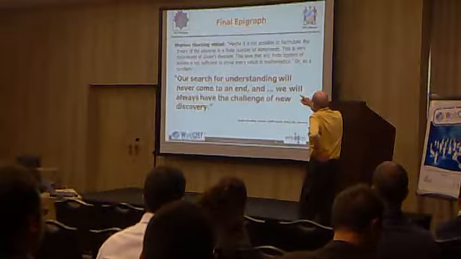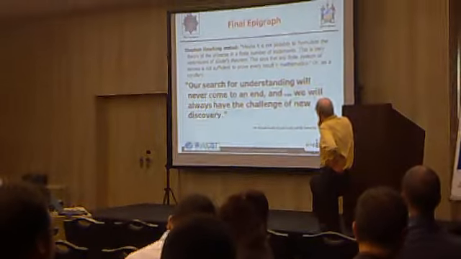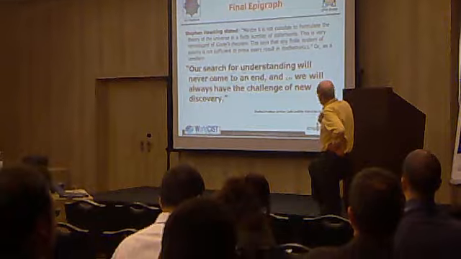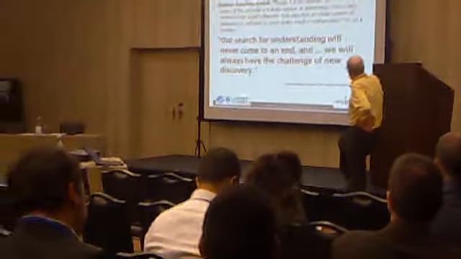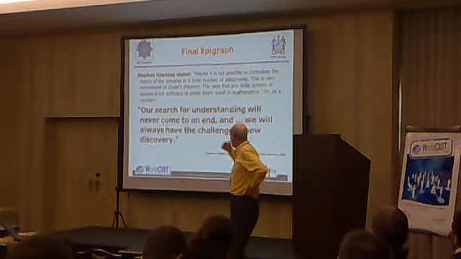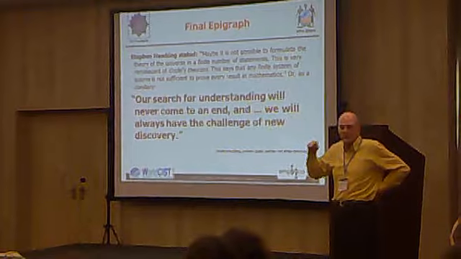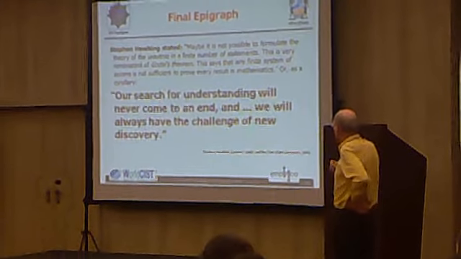And I think the important thing is here, a finite system of axioms is not sufficient to prove every result in mathematics. And Stephen Hawking kind of translates this as a corollary. He said, our search for understanding will never come to an end. Logically, we can prove it can never come to an end.